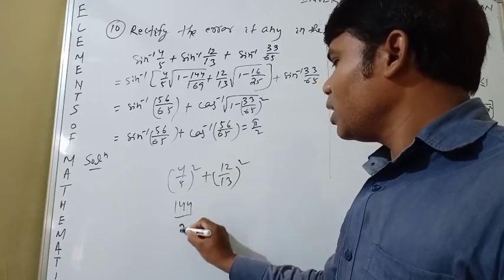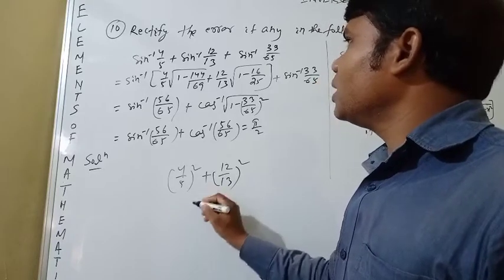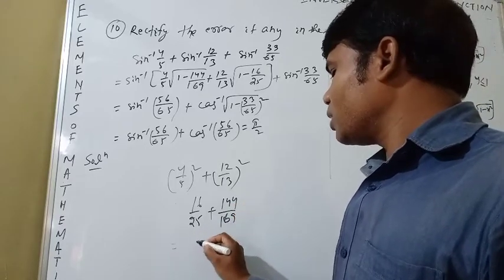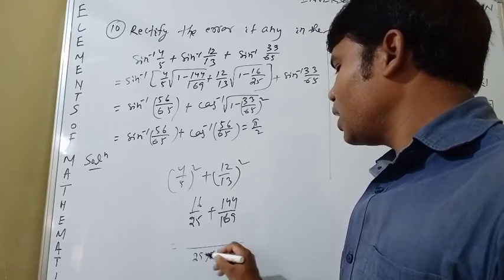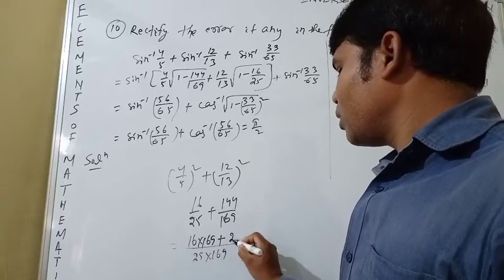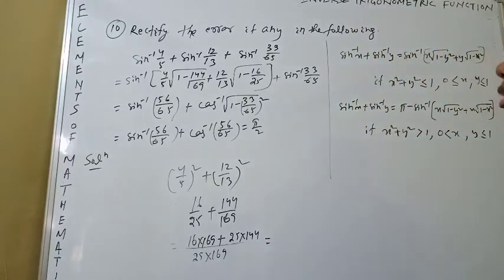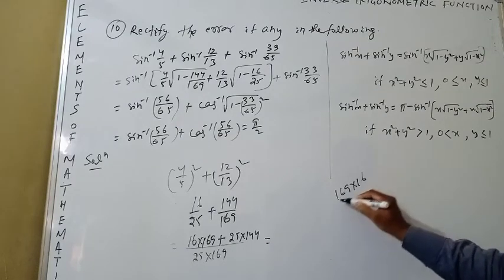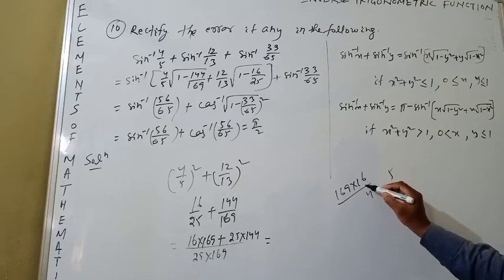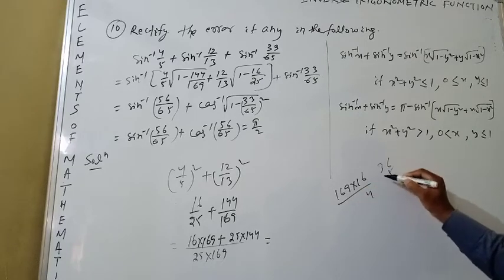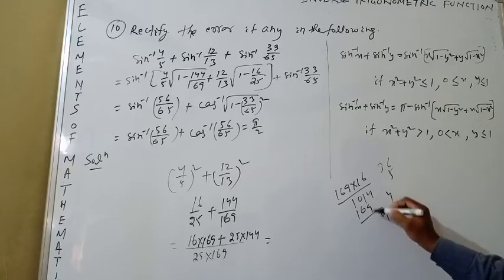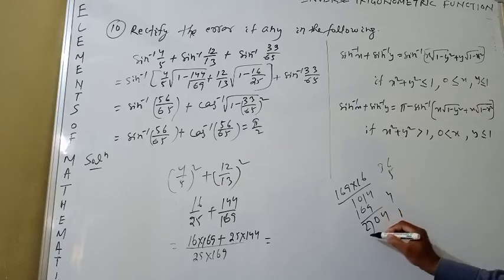This is 16 by 25 plus 144 by 169. Taking the common denominator 25 into 169, this is equal to 16 into 169 plus 25 into 144. 16 into 169 is how much? 169 into 16 is 2704.